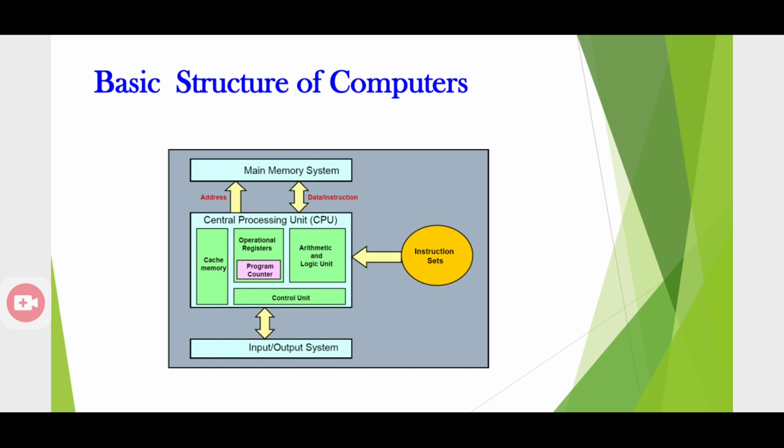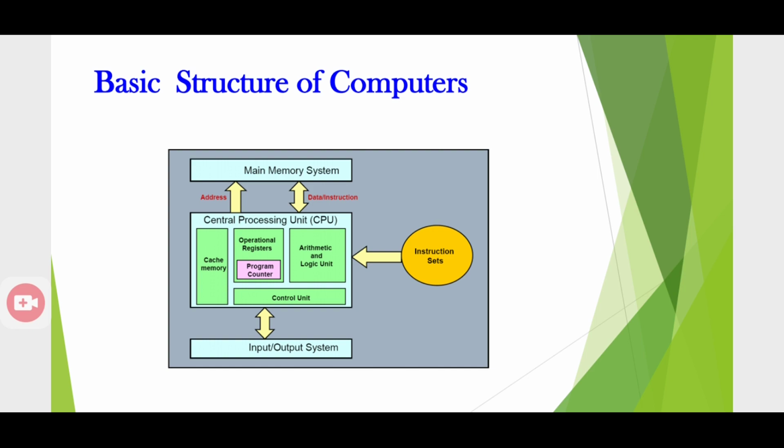That is, we have 3 main parts: the input-output system, the central processing unit, and the main memory system. And you can see in this central processing unit, we have a registers part, we have some cache memory, and we have the arithmetic and logic unit along with a control unit. All these together are known as the central processing unit, or the CPU.